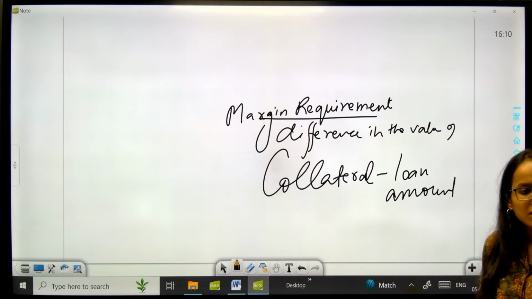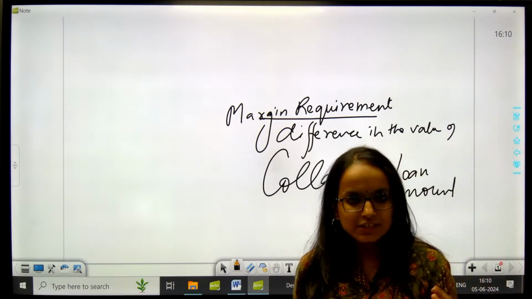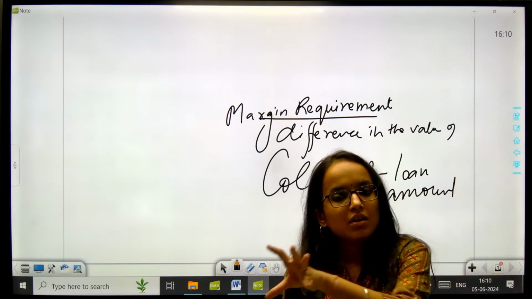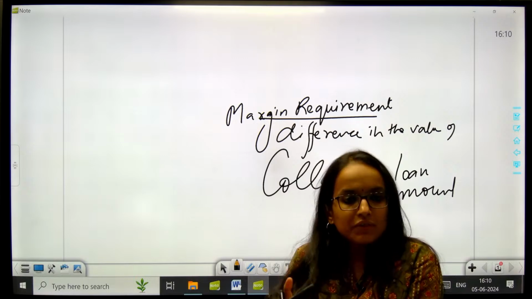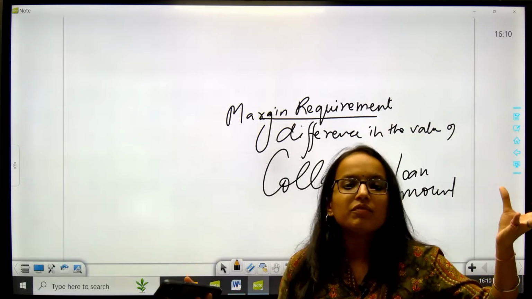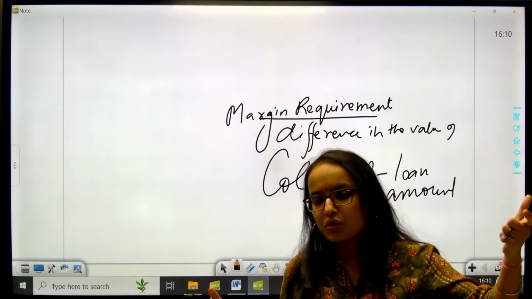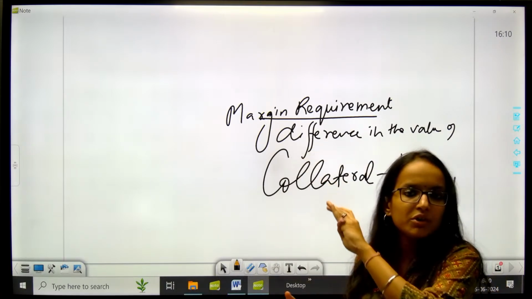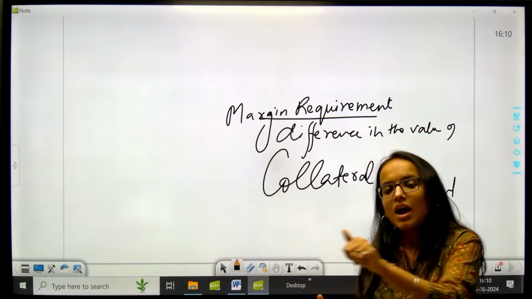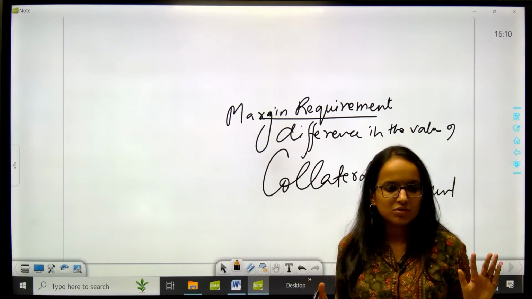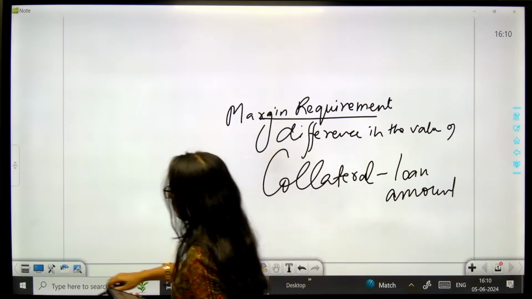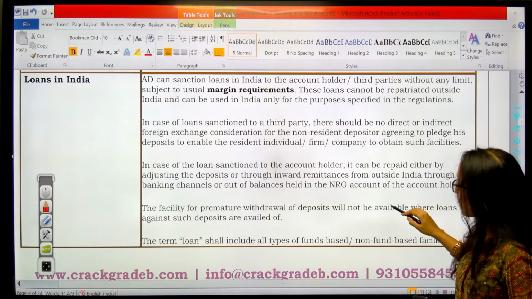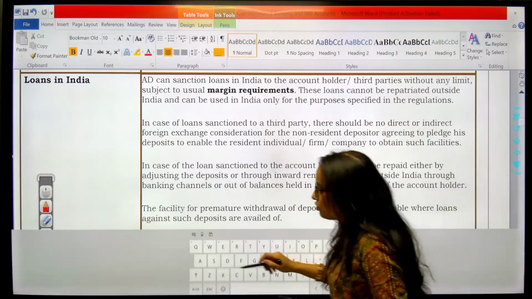Basically, the thing which you keep as collateral, security against the loan, the value of that collateral minus the value of your loan amount, that difference is your margin requirement. Whatever margin requirement is going on in your country has to be adhered to, otherwise there is no credit limit as such. Clear? This is the thing which you should remember.